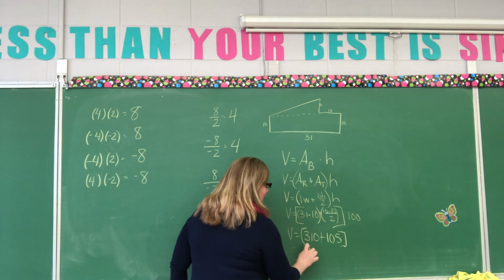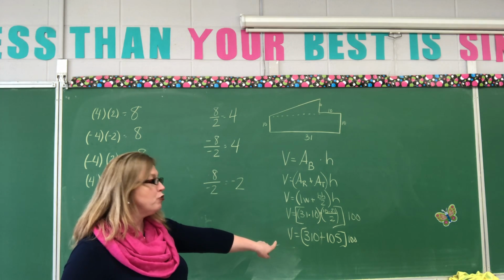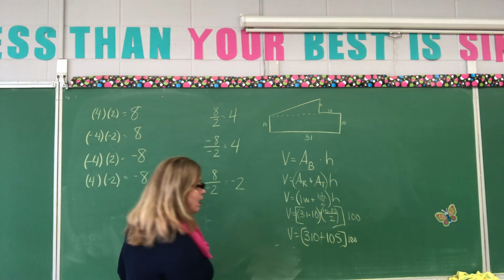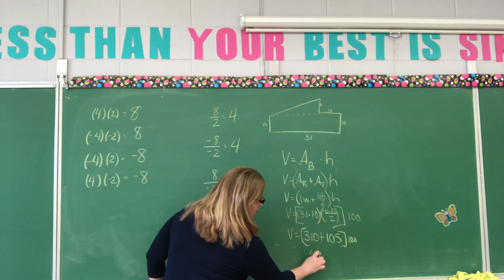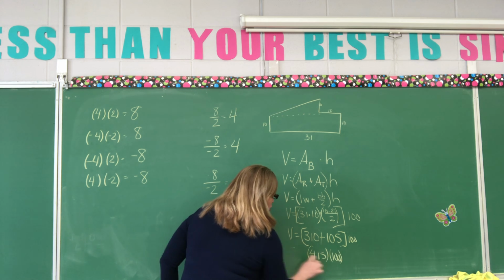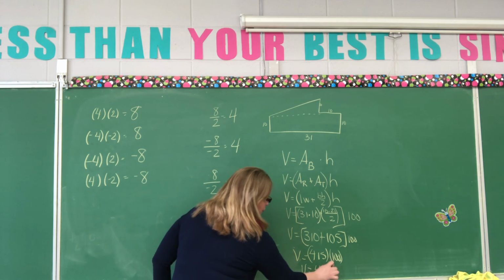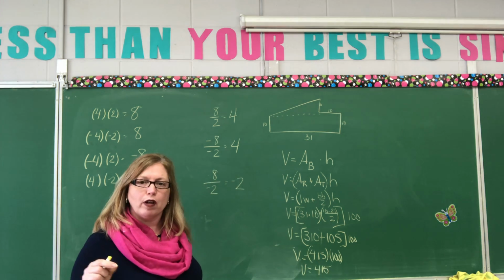And I need to add this before I can multiply by 100. So 310 plus 105 is 415. We're going to multiply that by 100. I'm going to run out of boardroom. So we're going to write down our 415. How many zeros are in 100? 2.